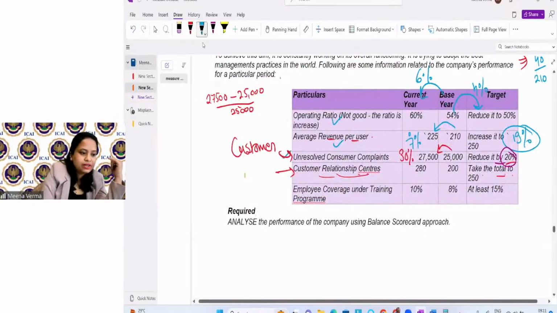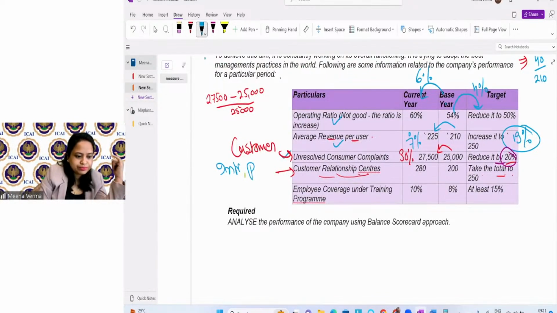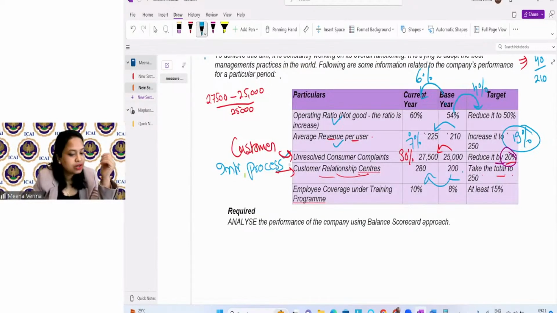This will come under internal business process, because this is the process of the company. Their target was to improve the relationship up to 250, but here they have improved the relationship to 280.